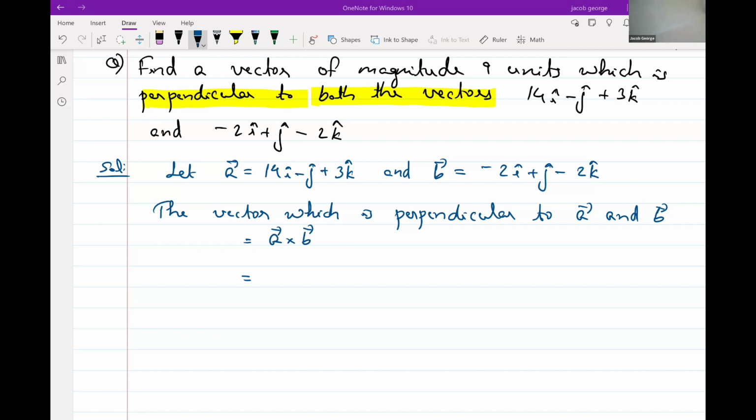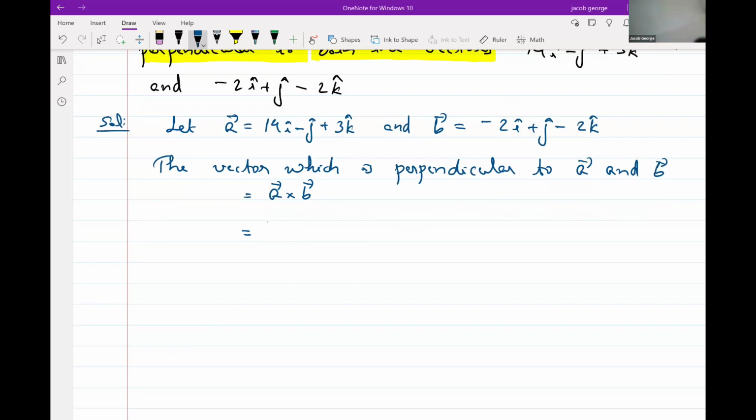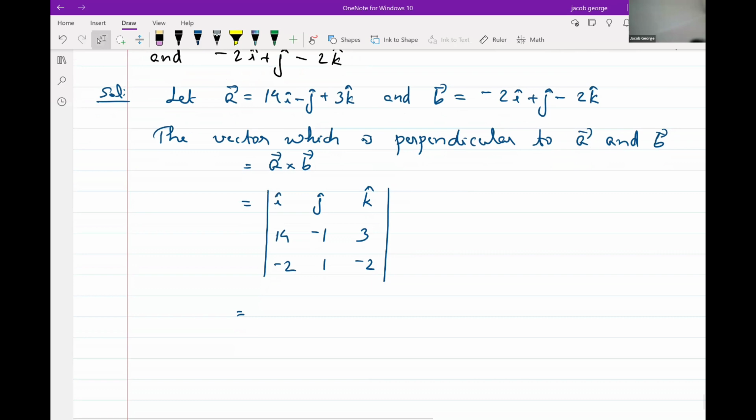Now we are going to find the cross product. Cross product is the determinant with i cap, j cap, k cap, then 14, minus 1, 3, minus 2, 1, minus 2. Like this, we write the determinant form.